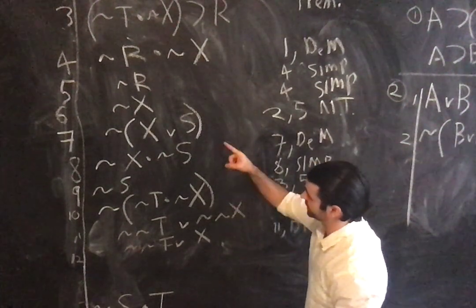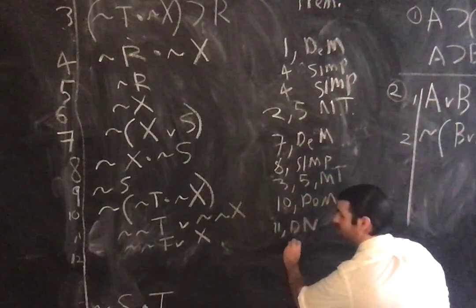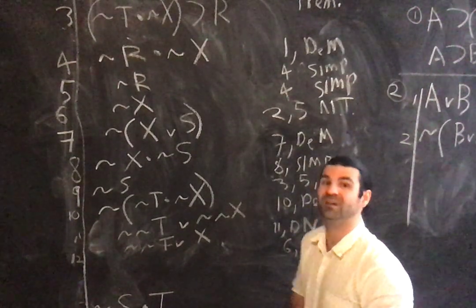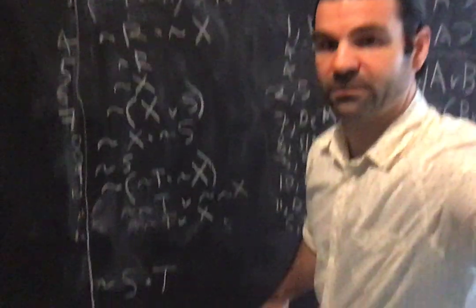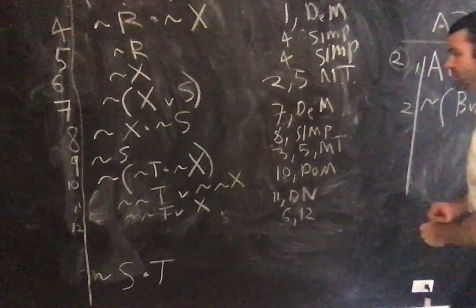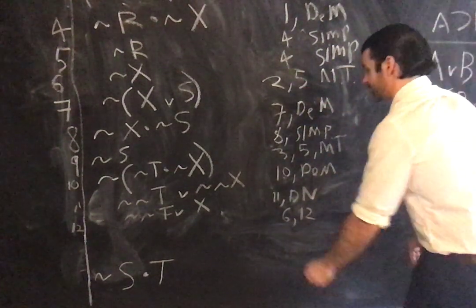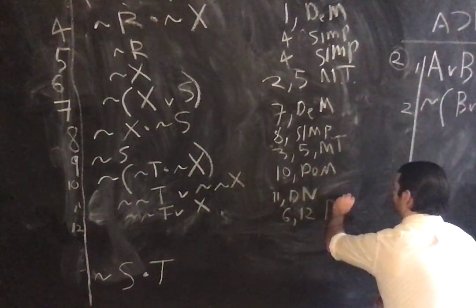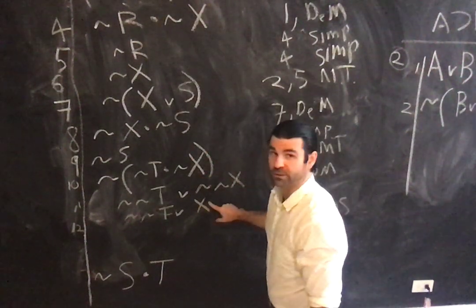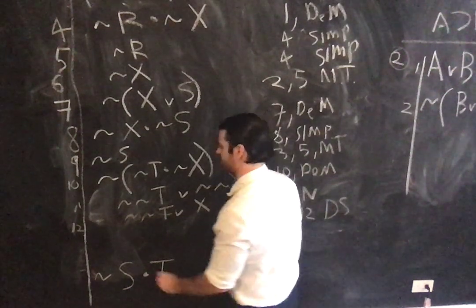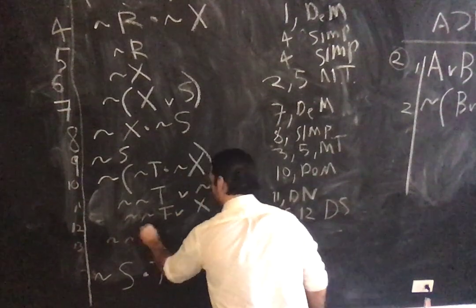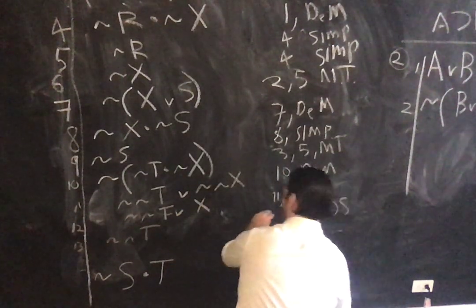And now I've got not X at 6, so I'm going to use 6 and 12, disjunctive syllogism, DS, right? Not X is the negation of the second disjunct, gives me 13, not T, by that rule, disjunctive syllogism.